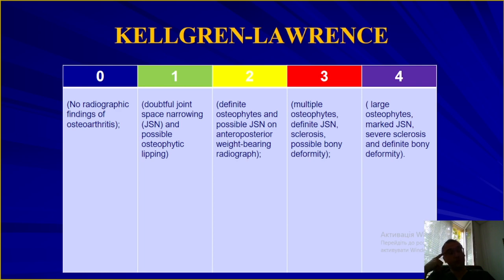As we said at the beginning, the cartilage is a soft tissue. We can't see the cartilage on X-ray. It looks like an empty space between two bones. But this empty space is not empty for sure. This empty space on X-ray is filled by cartilage. So this joint space is the thickness of the cartilage.